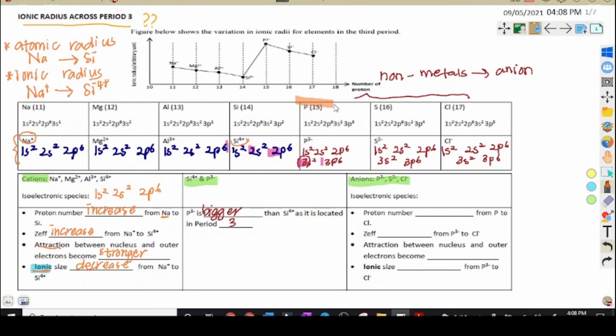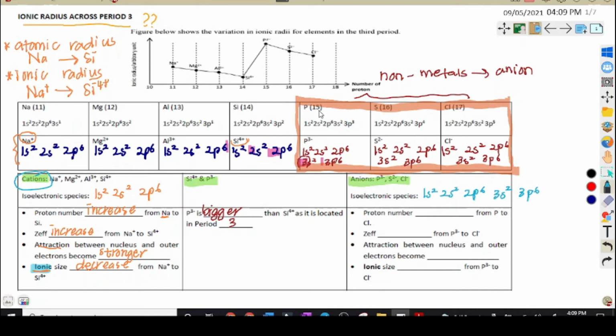For anions, okay, we're going to highlight these 3 rows because we notice that these 3 have the same electron configuration. The isoelectronic species is 1s2, 2s2, 2p6, 3s2, 3p6. So it has the same explanation as the cations.